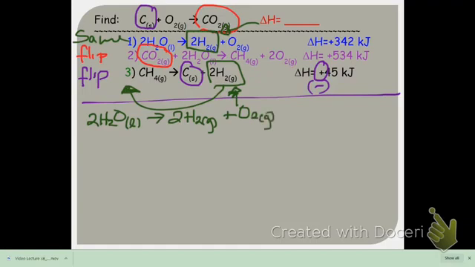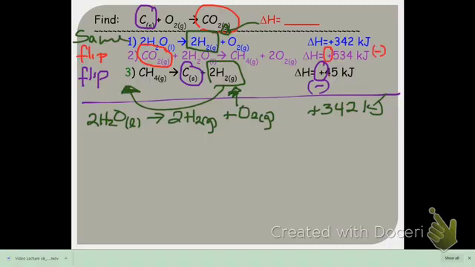And our delta H is going to stay at positive 342 kilojoules because we left it the same. Our second, we have to flip. We're not doing anything to it. We're just flipping it. So our products become our reactants, our reactants become our products, and of course, because we're flipping, our delta H sign is going to change to negative, right?